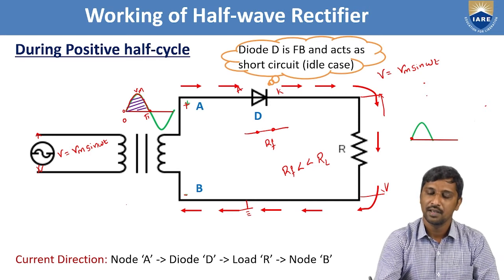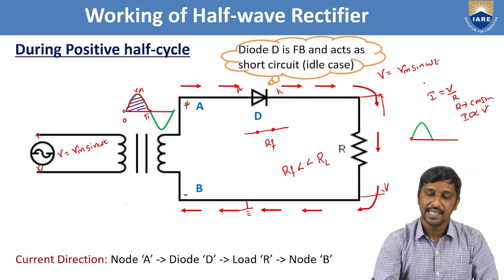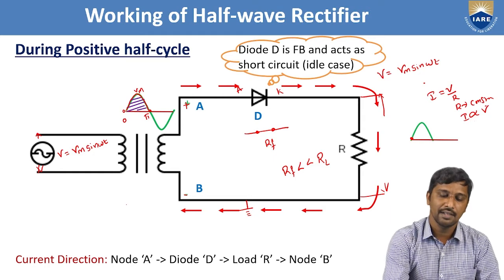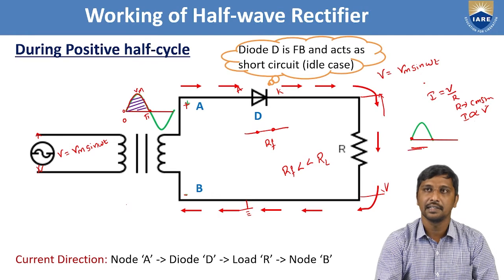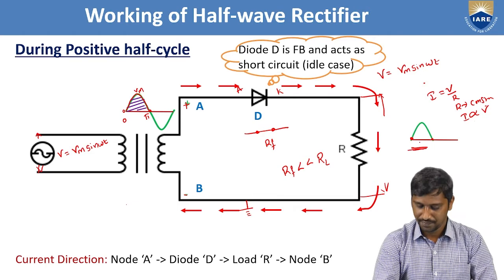According to Ohm's law, I is equal to V by R. Here R is a constant, so I is directly proportional to V. Hence the same amount of conduction flows across this load resistance. That is the reason the response of the half-wave rectifier allows the entire positive portion. So the output is represented as this signal during the positive portion of the given input signal.